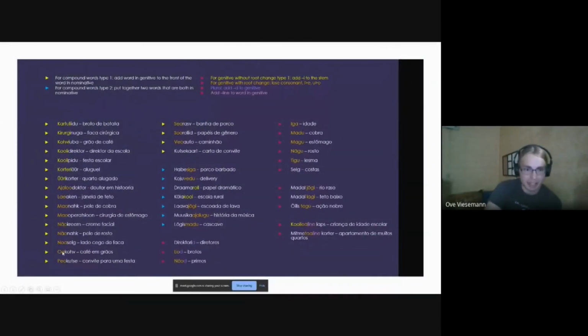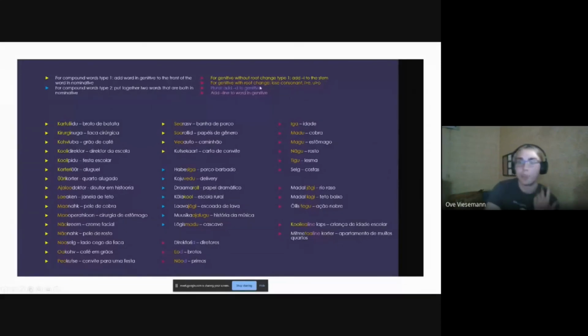So with these yellow arrows, yellow points, for compound verbs, type 1, add word in genitive to the front of the word in nominative. And then with the blue one, type 2, put together two words that are both in nominative. Then words that are in yellow for genitive without root change, type 1, add E to the stem.